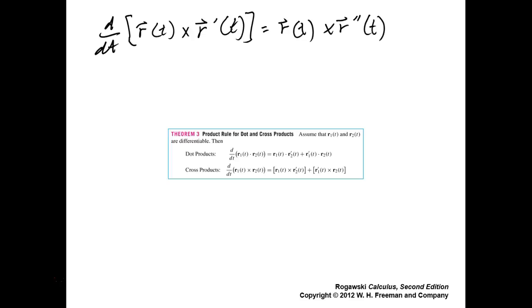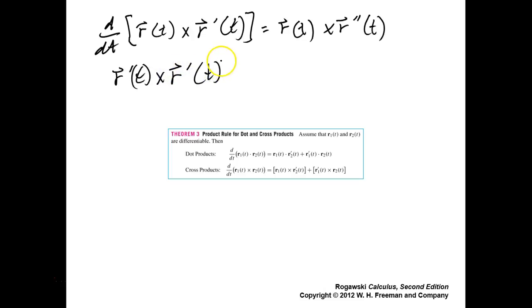Okay, what's that? So, first step, derivative of a cross product, what would that be? You're going to do R prime of t cross R prime of t.